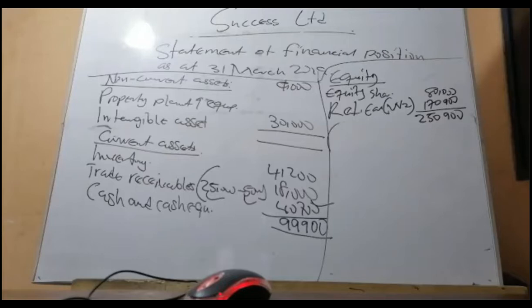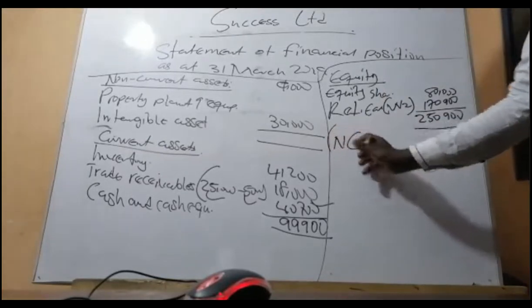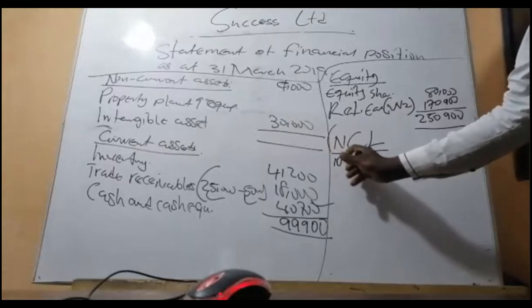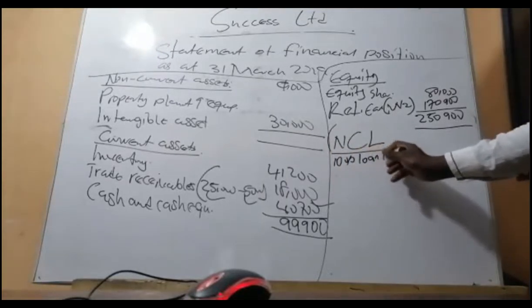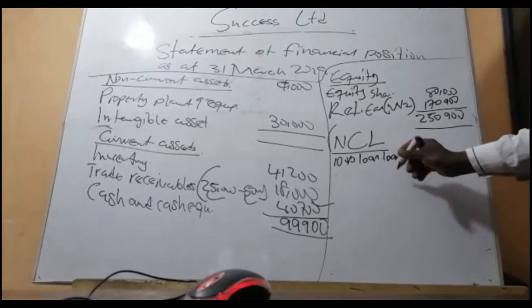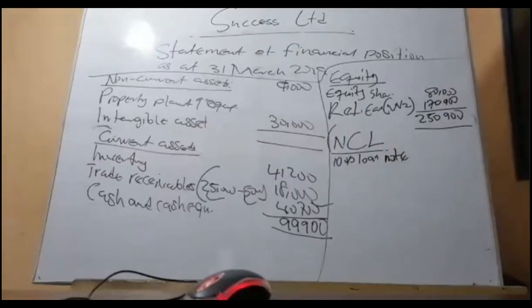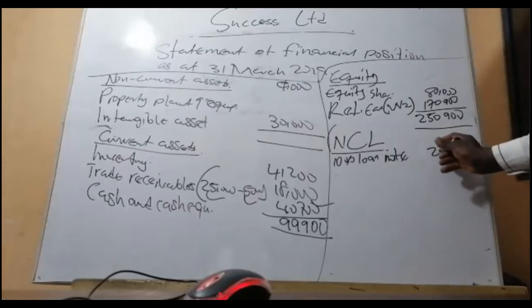Okay, we'll come back to that. Under non-current liability, we have the 10% loan note, right? The figure is the value of the 10% loan note, 20,000. Great.